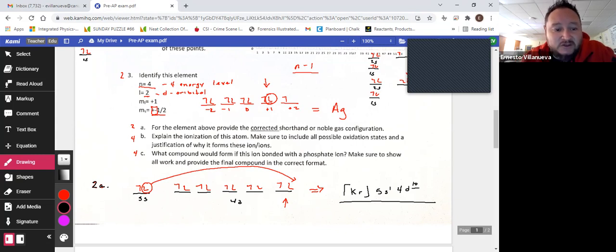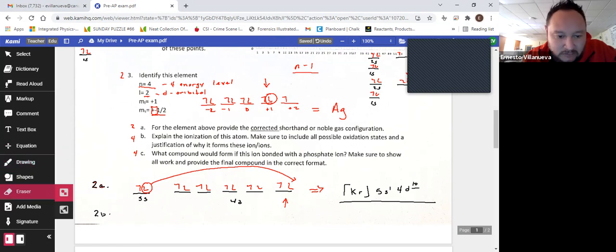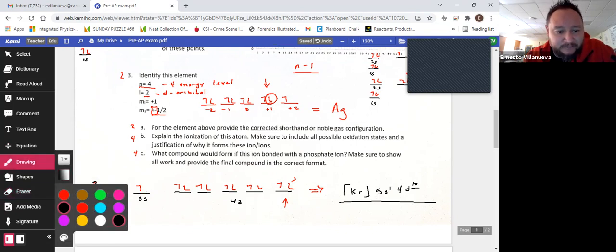Okay, so we just answered 2A. Let's go to 2B. Because silver has this adjusted electron configuration, the only thing that's really left is this electron.